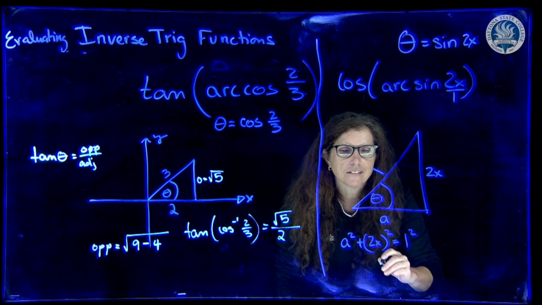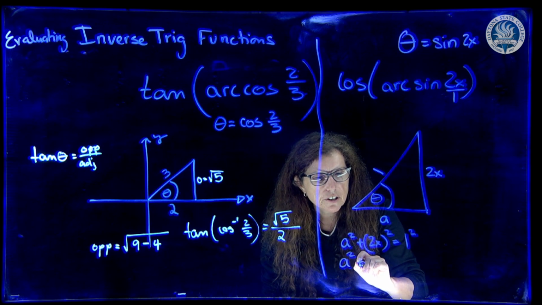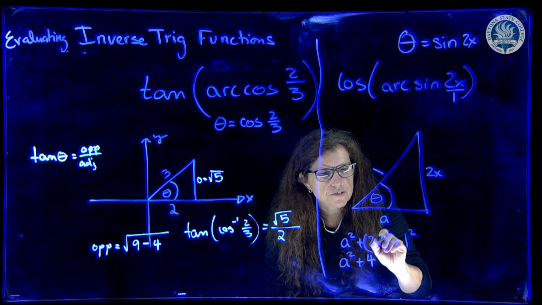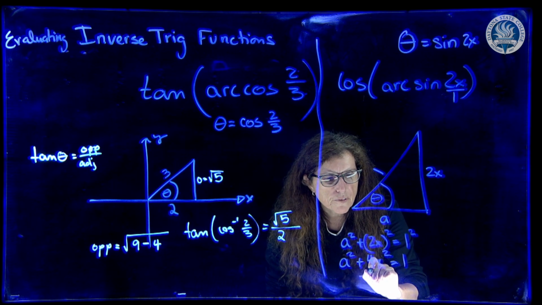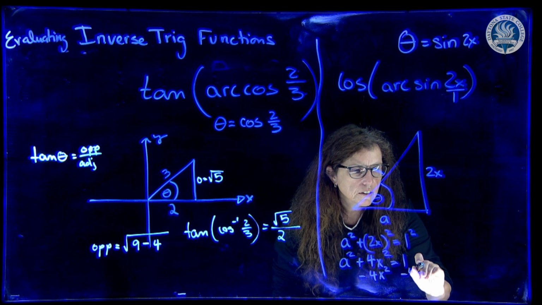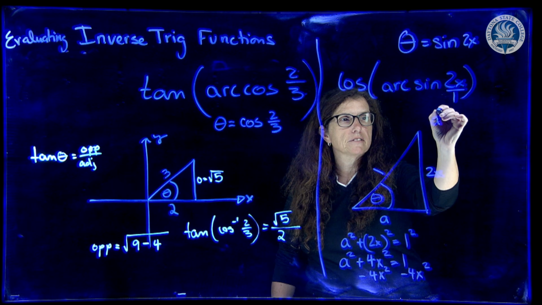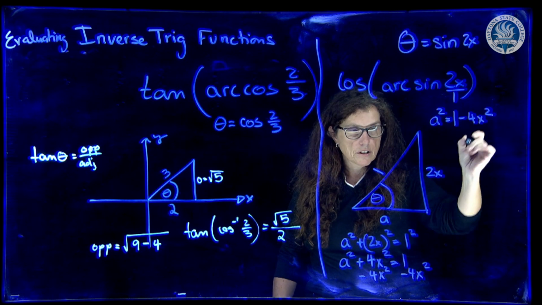And let's do some magic here. 2x squared, 2x to the second power, is 4x squared. Subtract 4x squared. Now let me write over here where I have more room. So a squared equals 1 minus 4x squared.